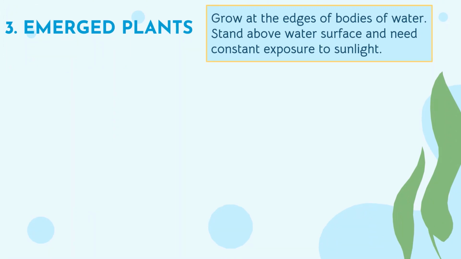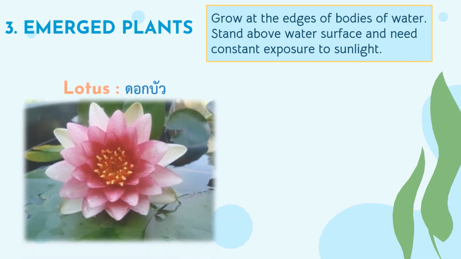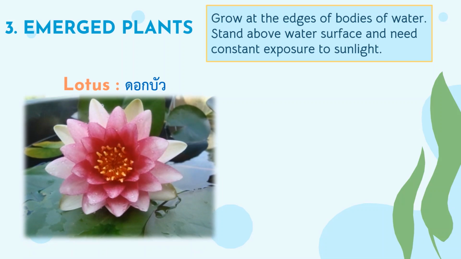Emerged plants grow at the edges of the bodies of water, stand above water surface, and need constant exposure to sunlight. Here are some examples. This is a lotus plant.